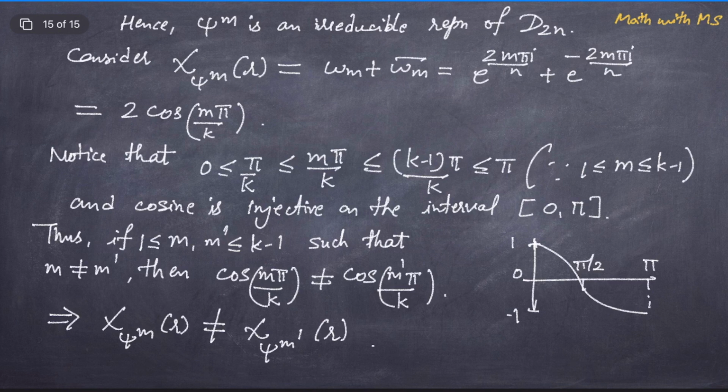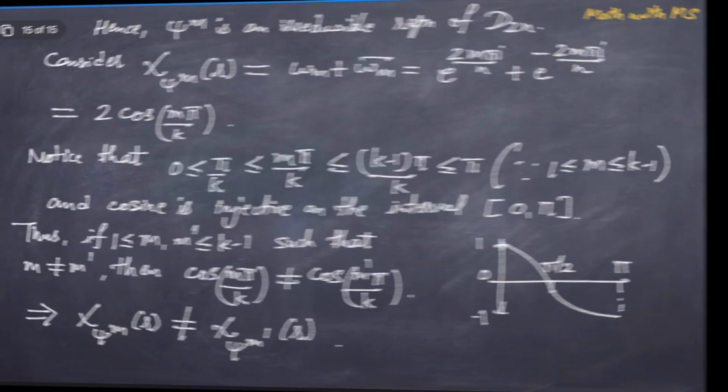Therefore, the characters of the representations psi m and psi m prime are distinct as functions. Therefore, the representations psi m and psi m prime cannot be equivalent. This completes the proof of the theorem.